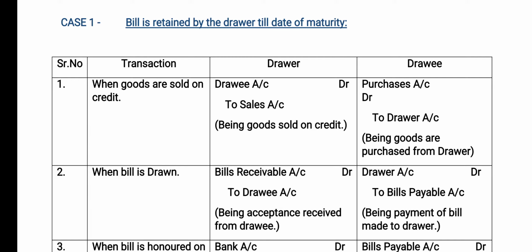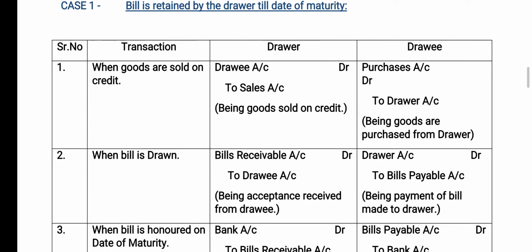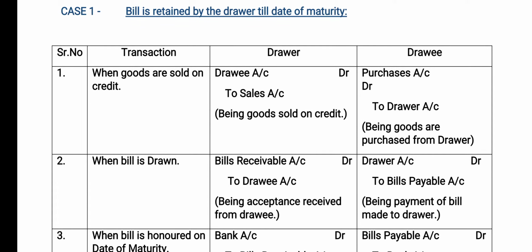drawer and drawee. As in class 9, I have explained to you the golden rules of accounts, I will revise or recall them for you. The first golden rule is: debit what comes in, credit what goes out. That is the real account rule.